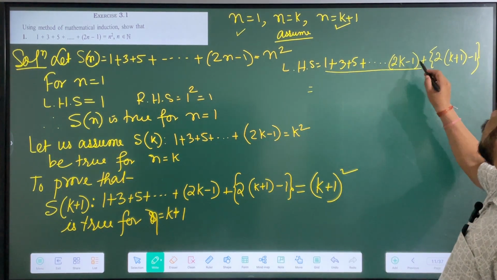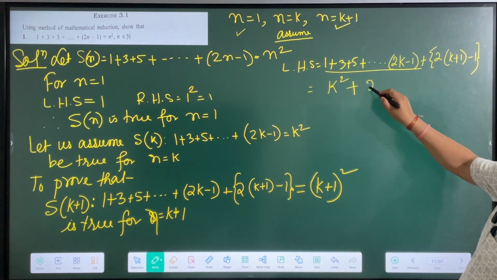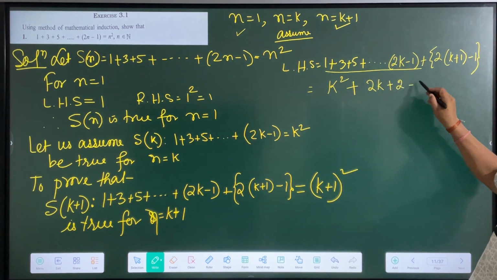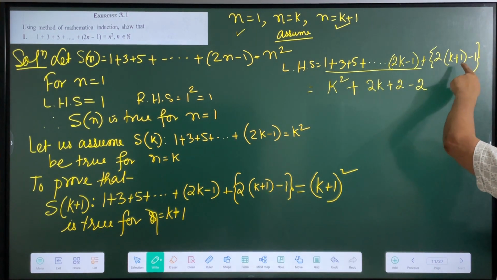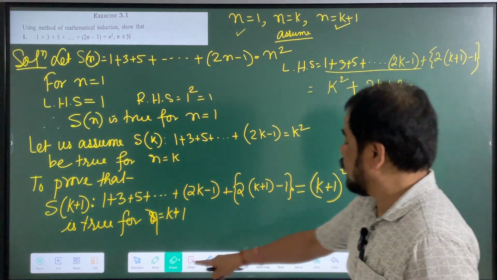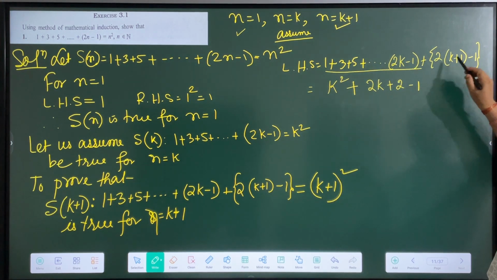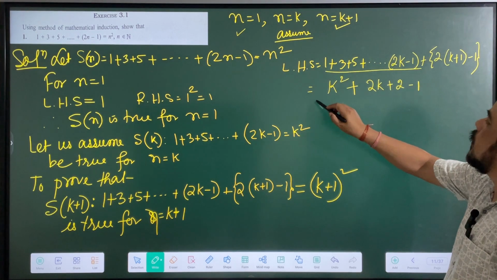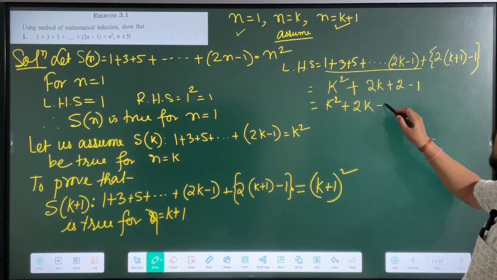So in place of here to here, we can write k square plus 2 into k plus 1 minus 1. I hope you understand. 2 is multiplied with k plus 1, then minus 1. 2 into k, 2k, 2 into 1, 2, then minus 1 separately. So k square plus 2k plus 1.